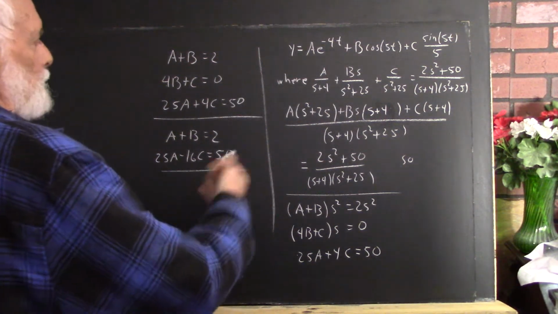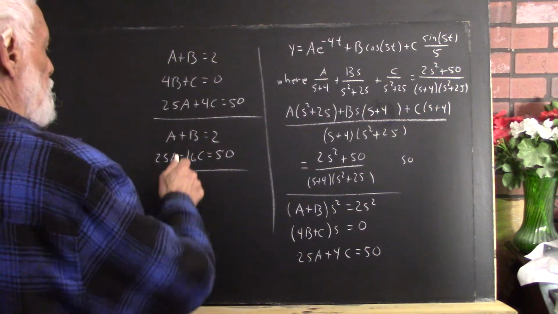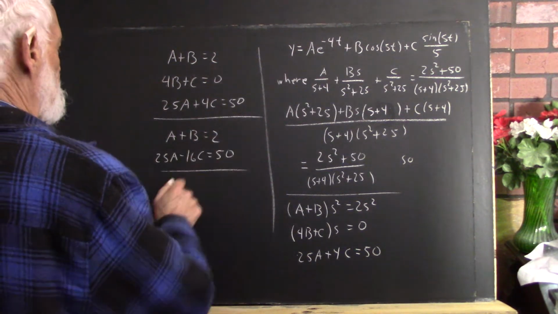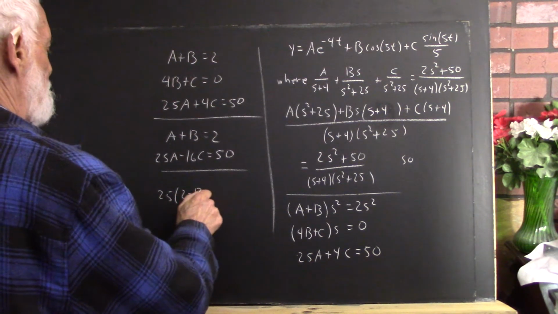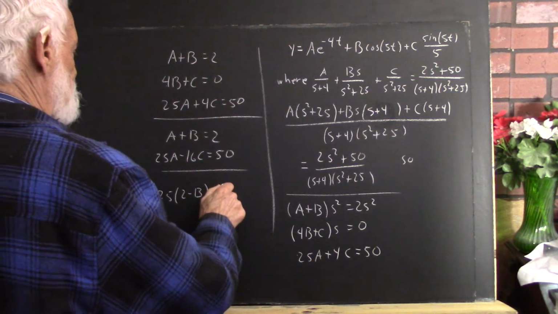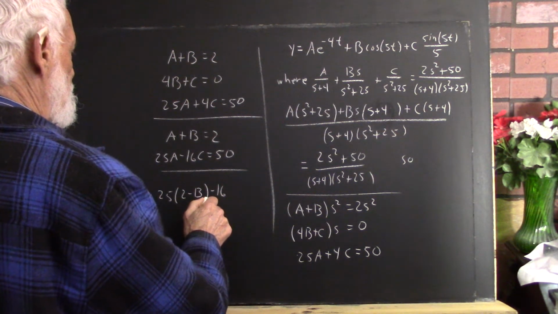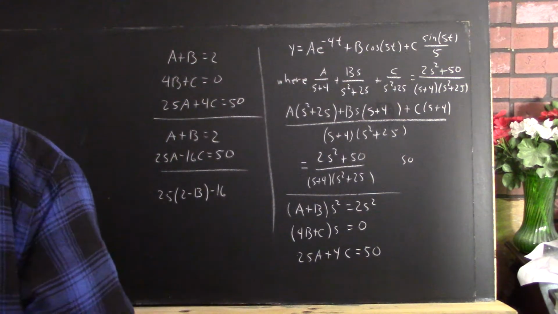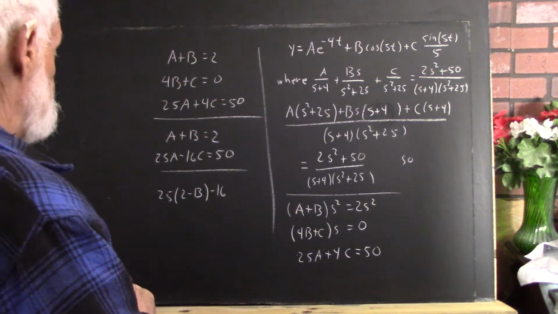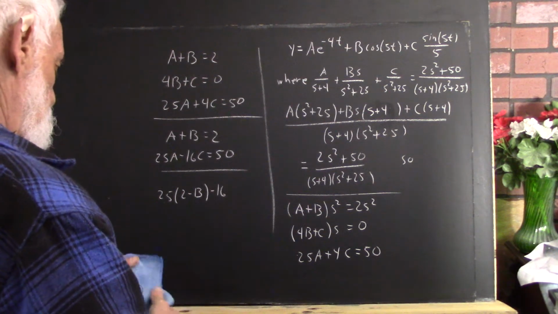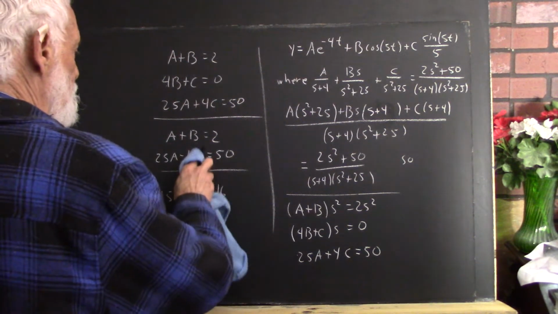And now just solving it by hand in one method or another. This tells us that a equals 2 minus b. So now we have 25 times 2 minus b minus 16. The 16c should be 16b, since c equals negative 4b.